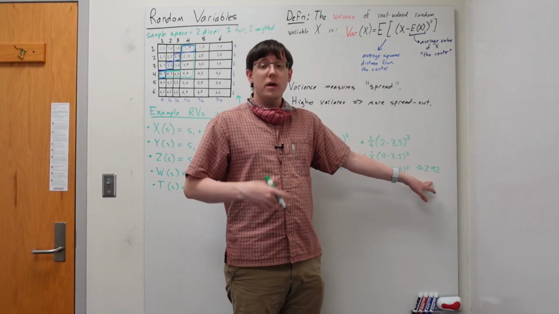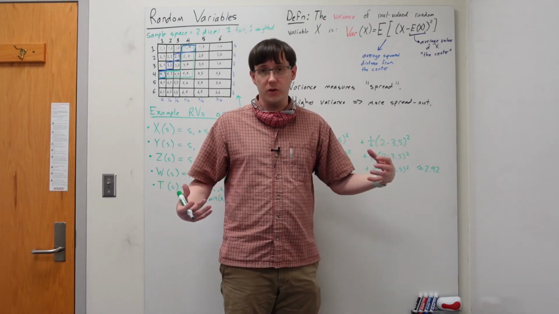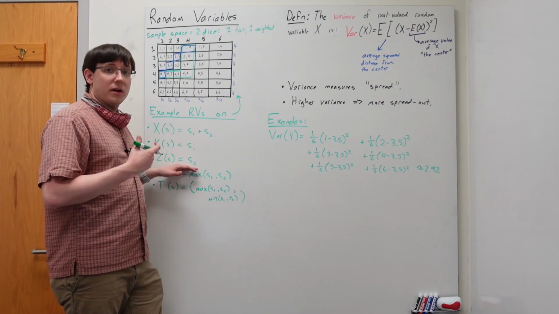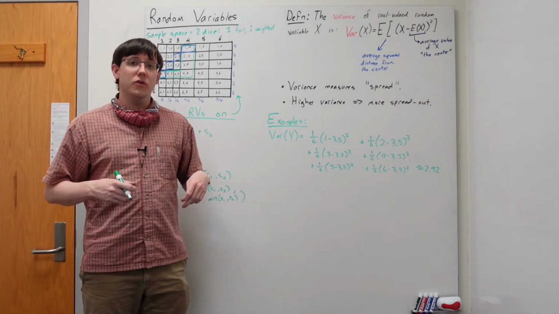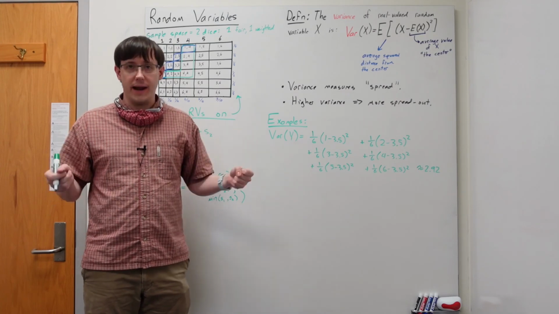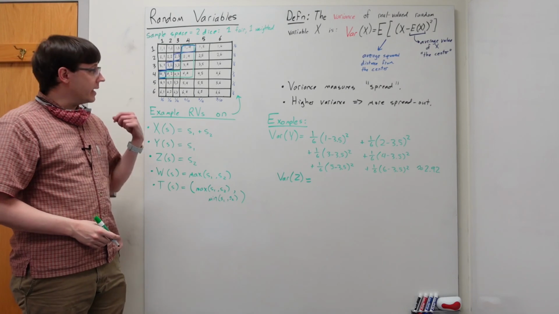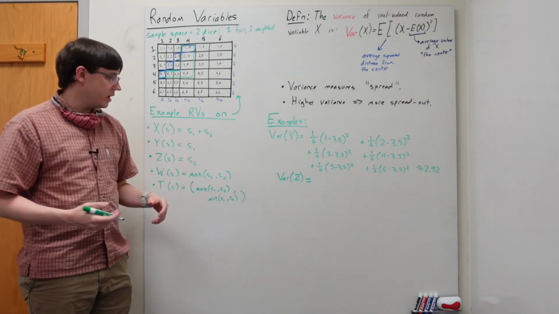This value doesn't mean very much unless we have something to compare it to. So let's also calculate the variance of z and see which has the larger variance, so we'll know which is more spread out. For z, we are again computing squared differences from the expectation.